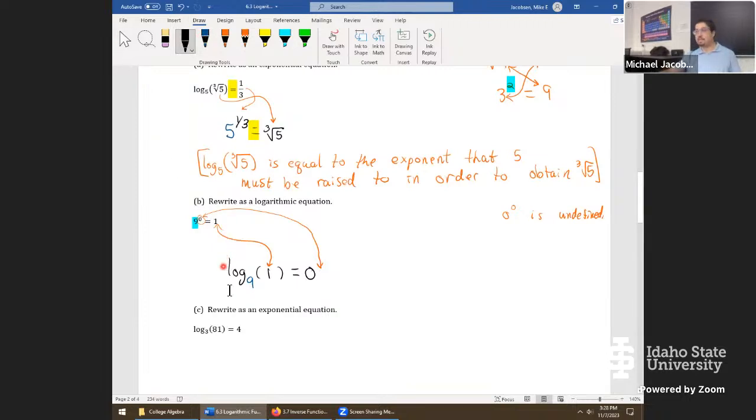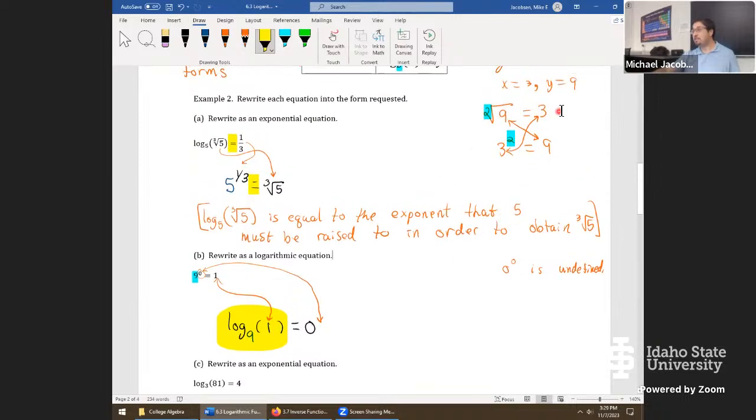Now let's read this out again. Log base 9 of 1, if you're just looking at this part, this is the exponent you have to place on 9 in order to get a result of 1. 9 must be raised to 0, in other words, to get that result of 1, is what this logarithm is saying altogether. It definitely feels like we're jumping through hoops when we make those statements, but it's because we literally are.